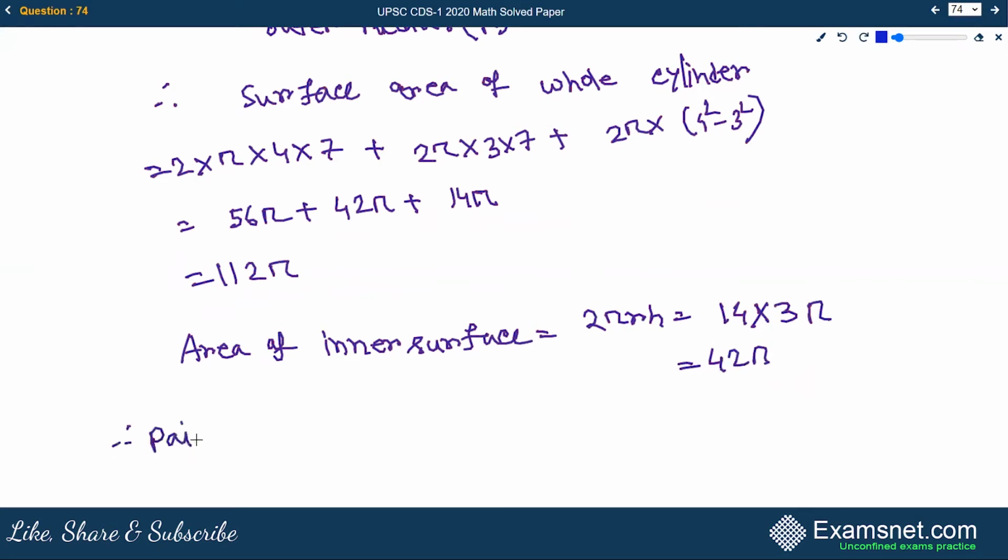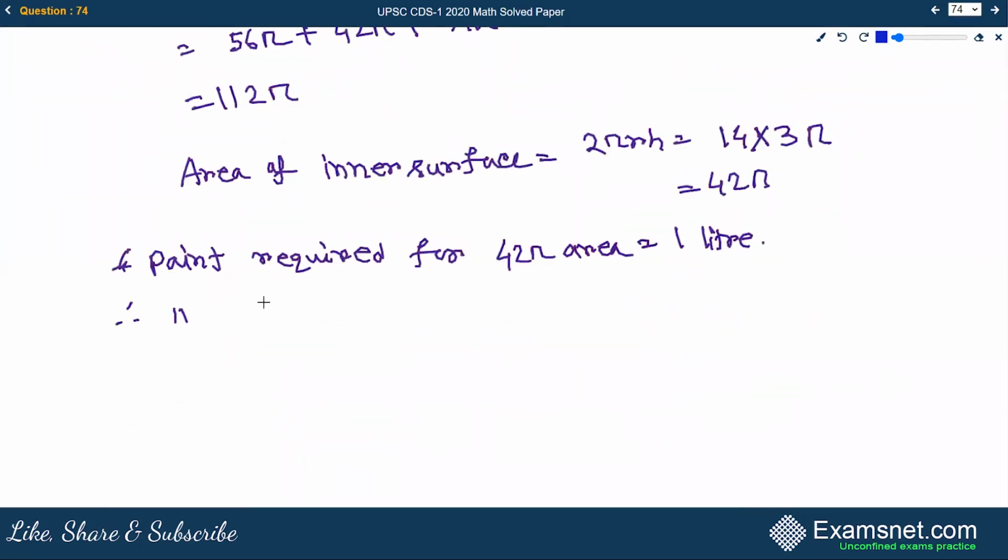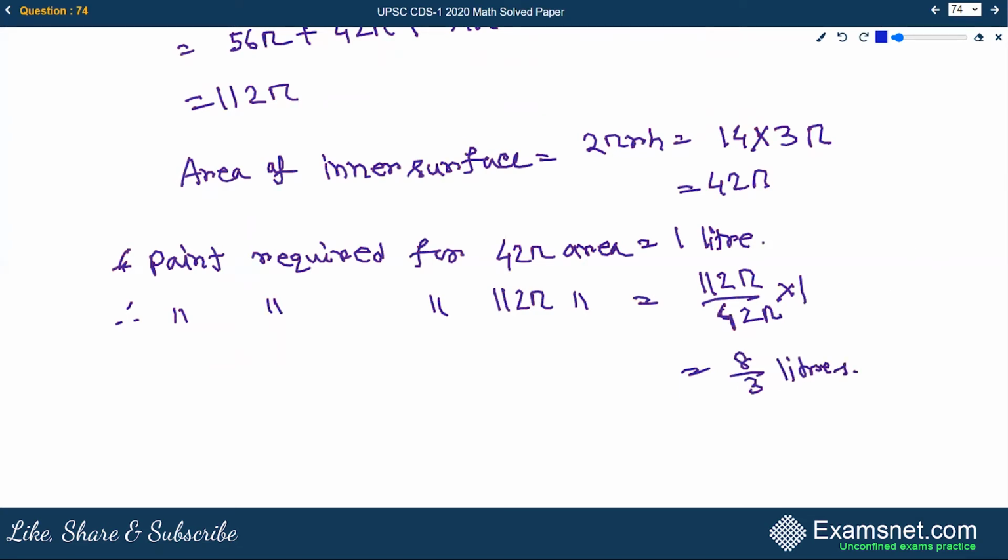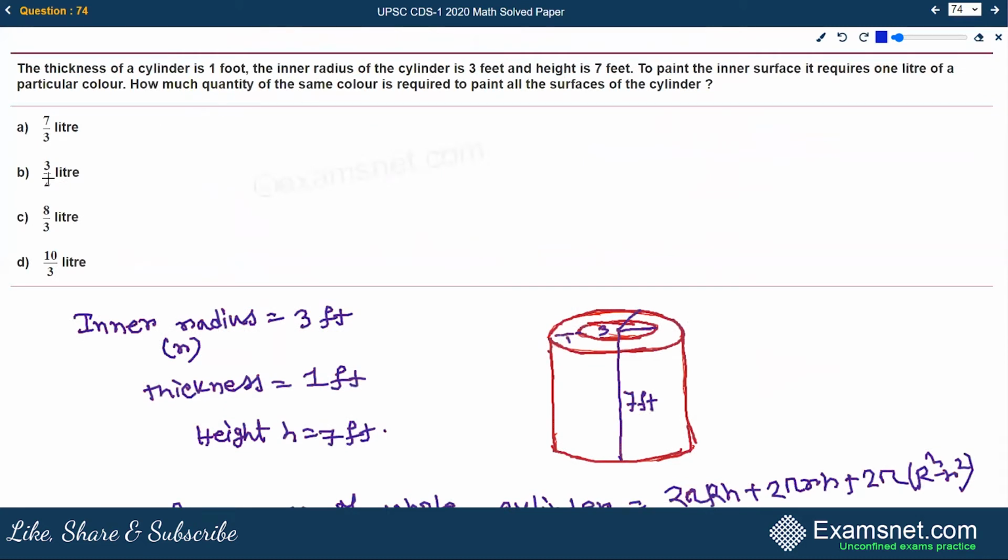Therefore, paint required for 42π area is 1 liter. Therefore, paint required for 112π area is 112π by 42π multiplied by 1, the answer is 8 by 3 liter. So here we will get the answer. Option C is the correct answer here, 8 by 3 liter.